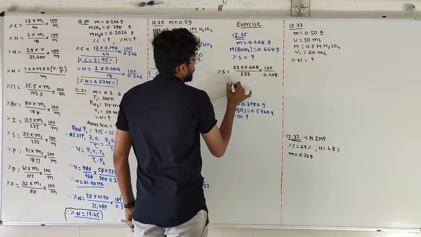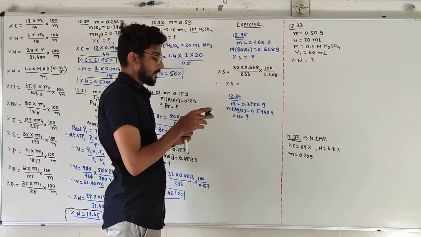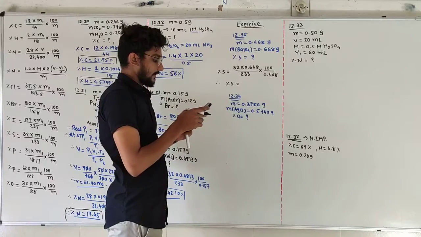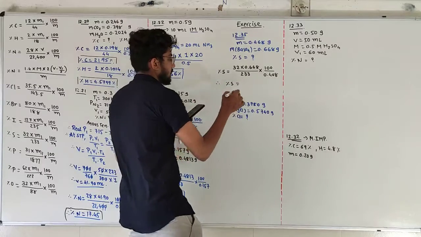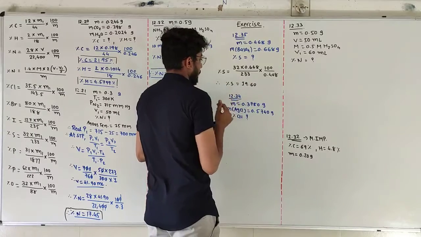Therefore the percentage of sulfur will be equal to, let's use the calculator, 32 into 0.668 into 100 divided by 233 and again divided by 0.468. It is equal to 19.60%.